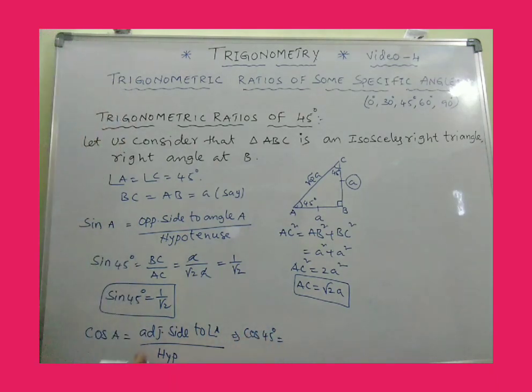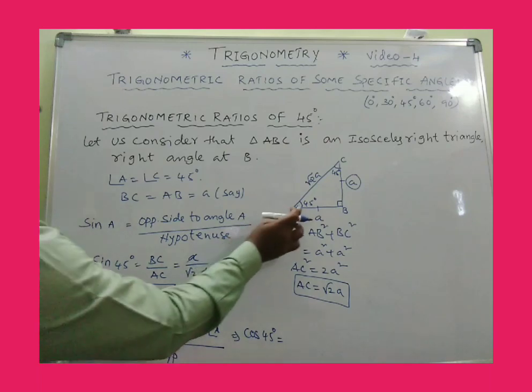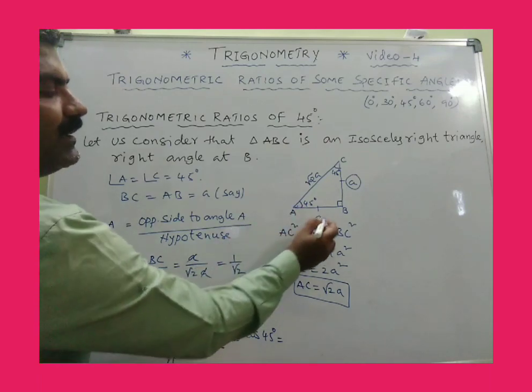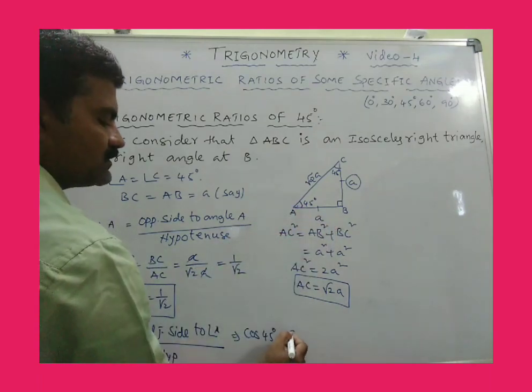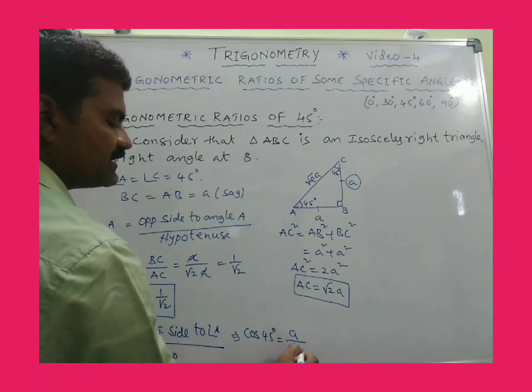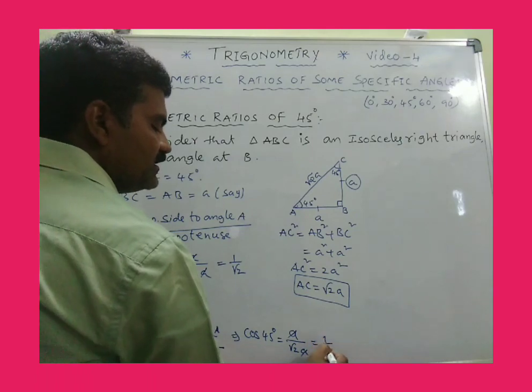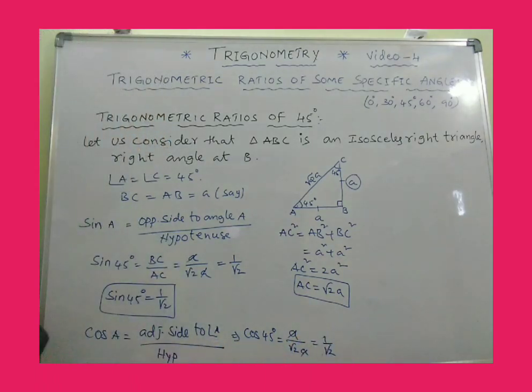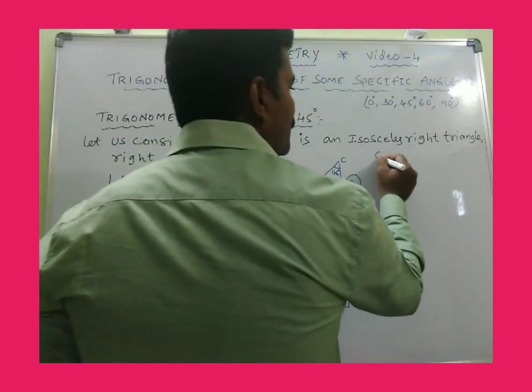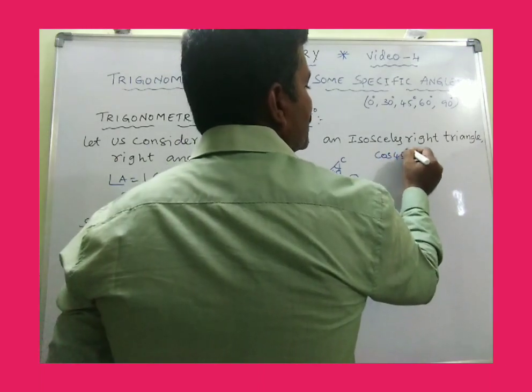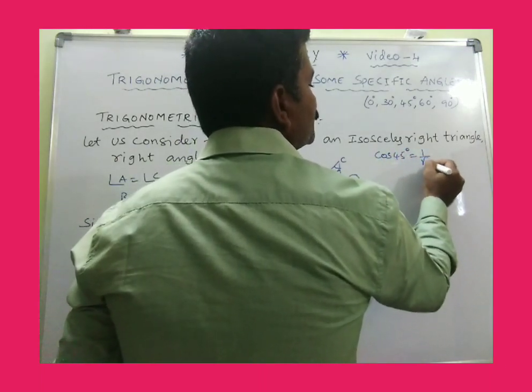So cos 45 degrees is equal to the adjacent side to angle A, which is nothing but AB. AB length is small a. So small a by hypotenuse root 2 a, a cancels. Hence this is also equal to 1 by root 2. So from this what we got? Therefore cos 45 is equal to 1 by root 2.